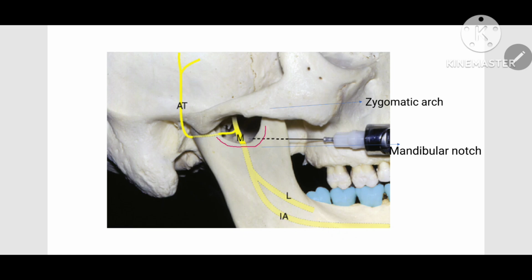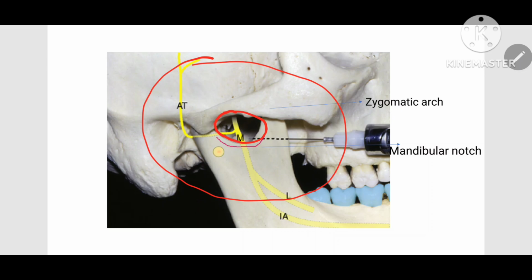In supine position, after painting and draping our area of interest, we palpate this depression, and in this area with 1 to 2 ml of lignocaine we numb the site, and with the help of a 22 gauge spinal needle, the most depressed part is our point of interest.